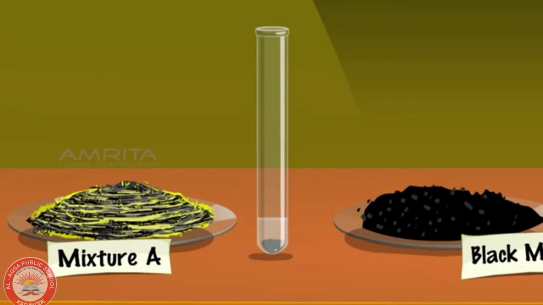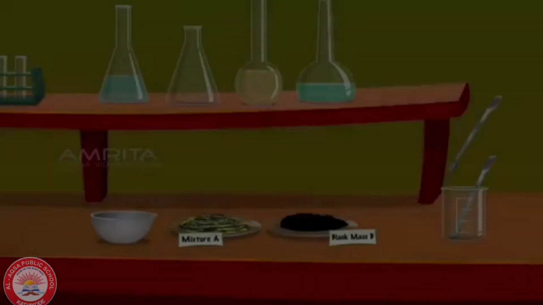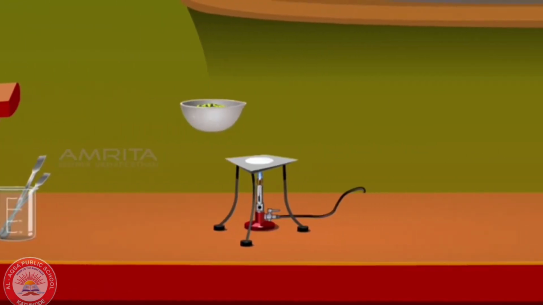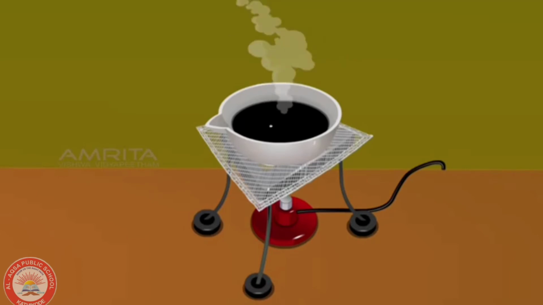And the next one, we have to check action of heat. Here, first of all, we take mixture A in a china dish and we heat it. Already we know what will happen. Yes, when we are heating this one, a black mass we will obtain.